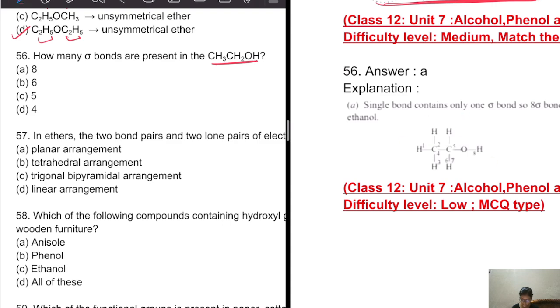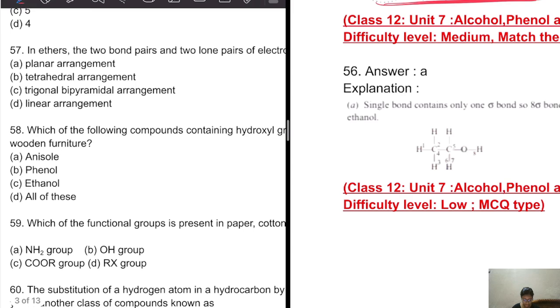See, this would be the structure where C, H, C, H, C, H, H, O, H is there. Okay. So this is our structure. What are the sigma bonds? 1, 2, 3, 4, 5, 6, 7, 8. So the correct answer would be 8.